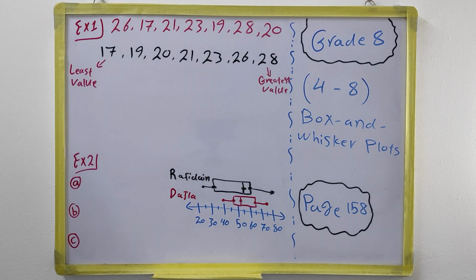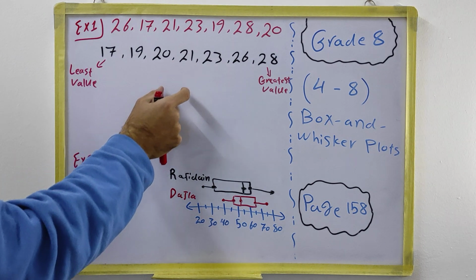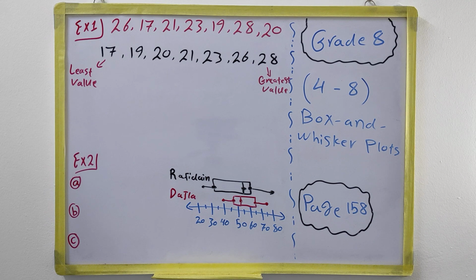If we have 2 numbers, we will add and divide by 2. Then we will check for the first quartile and third quartile, or we can say lower quartile and upper quartile, same thing. We can use both of them.